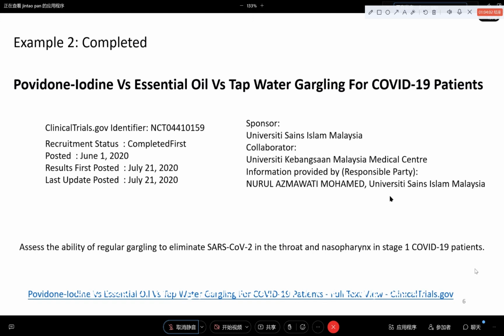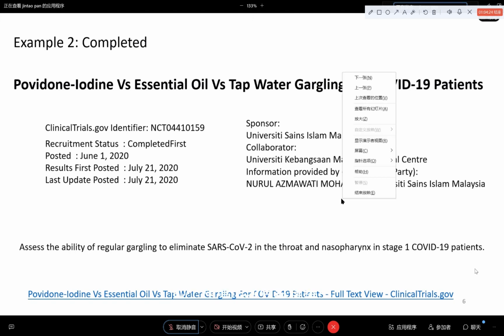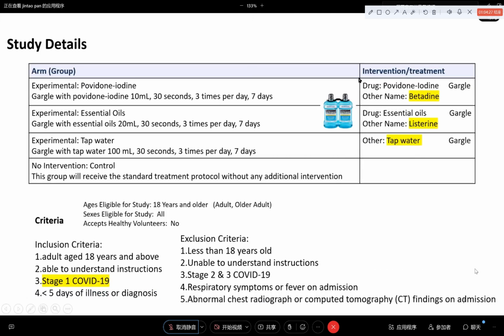So in a complete example, we should include the clinical trial identifiers, the time of the posting of results, and the sponsor.